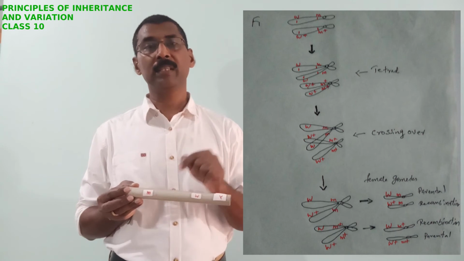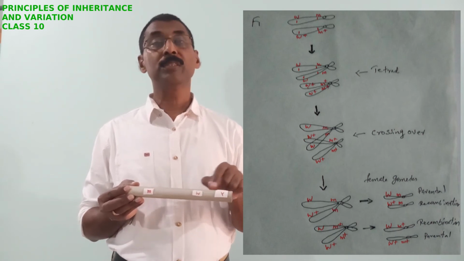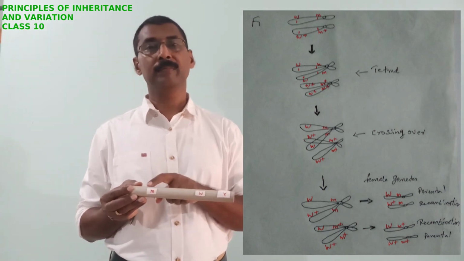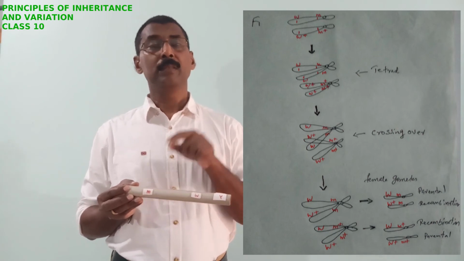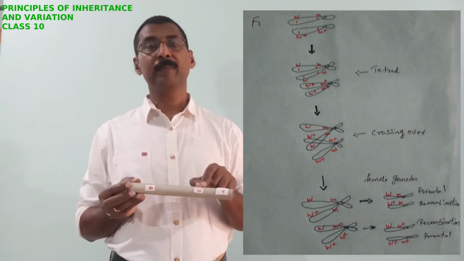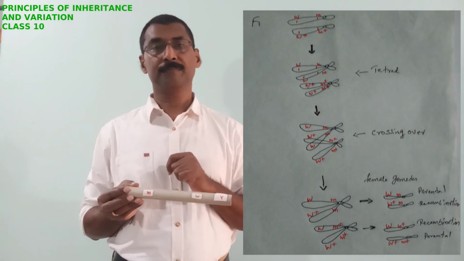So more chances are there for crossing over between these two genes than between these two genes. So even though these two genes are linked, chances of getting separated through crossing over is more here between these two genes than between these two genes.